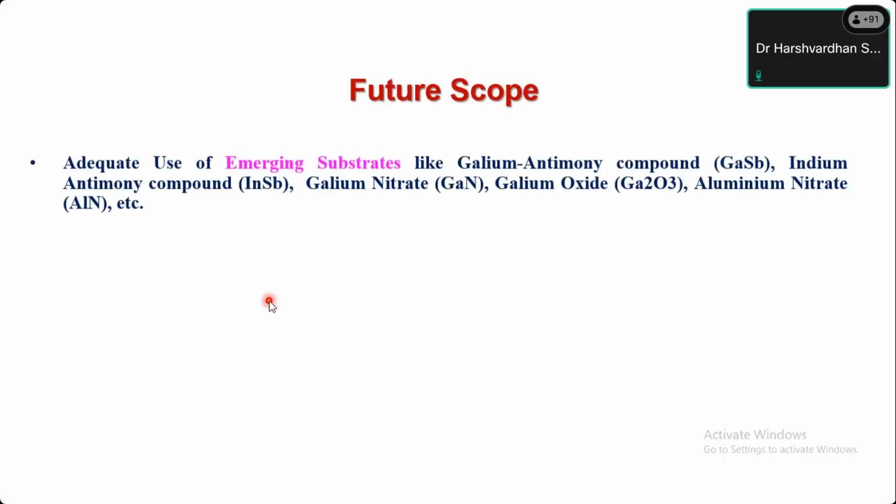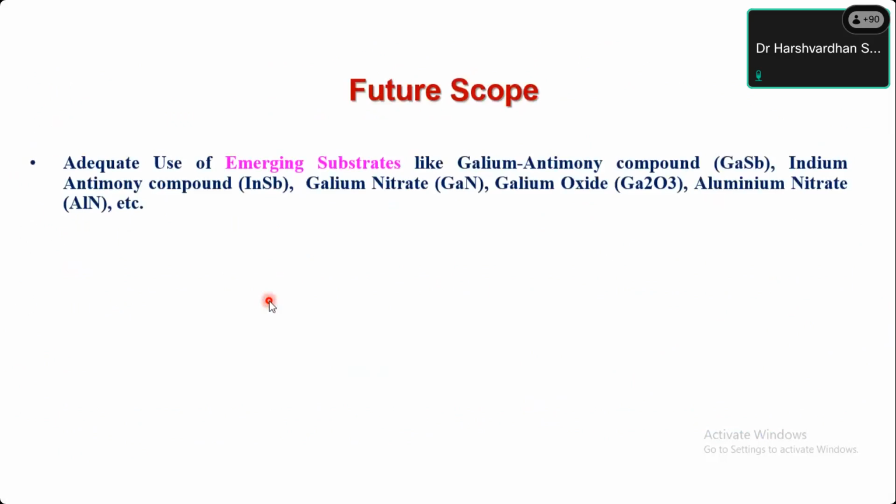Where you can work if you are going to. Nowadays, maybe you have seen that if application-specific ICs are designed, they are not hesitating to use a better substrate. So we can use some emerging substrates like gallium antimonide, indium antimonide, gallium nitride.